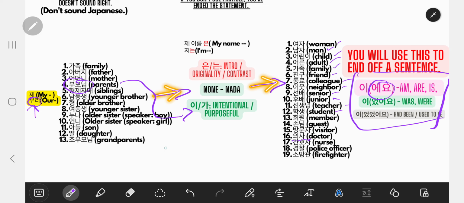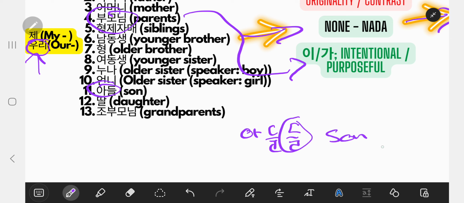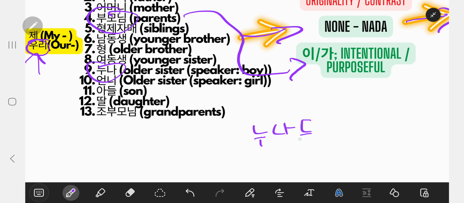So, for example, if you say 아버지, maybe you have two fathers. Now that's a bad example. Let's say you have two sons, right? Which is 아들. I kind of picked a weird one, but you just add the 들 here, and that'll make it sons. 아들들. And if you have more than two older sisters as a boy who is a speaker, then you would say 누나들. And then you make it sisters. So if you want to make any noun plural, just add this, and then you're fine.